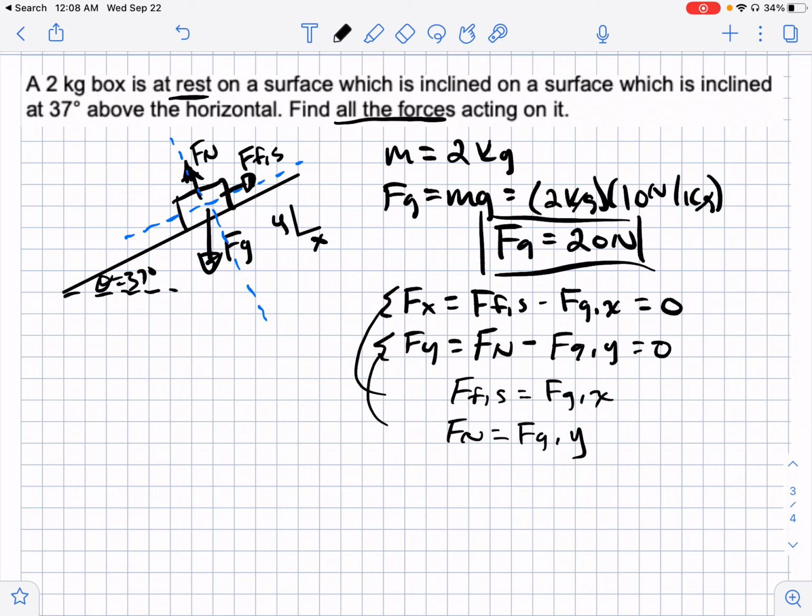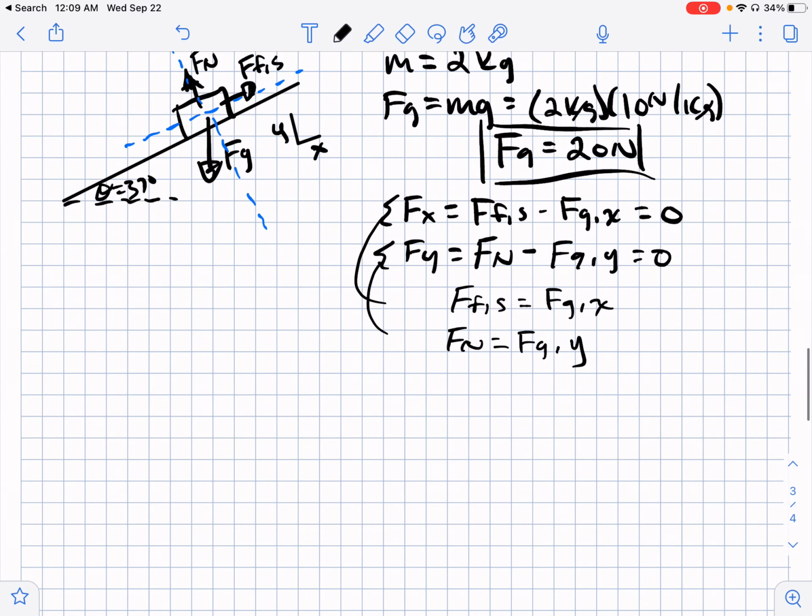So what we have to do is just resolve the Fg into our x and y components, and that will tell us those other two forces. So if we expand that a little bit and draw out our triangle, we have Fg right here, and here's Fgy, and Fgx. And this angle here is 37 degrees.